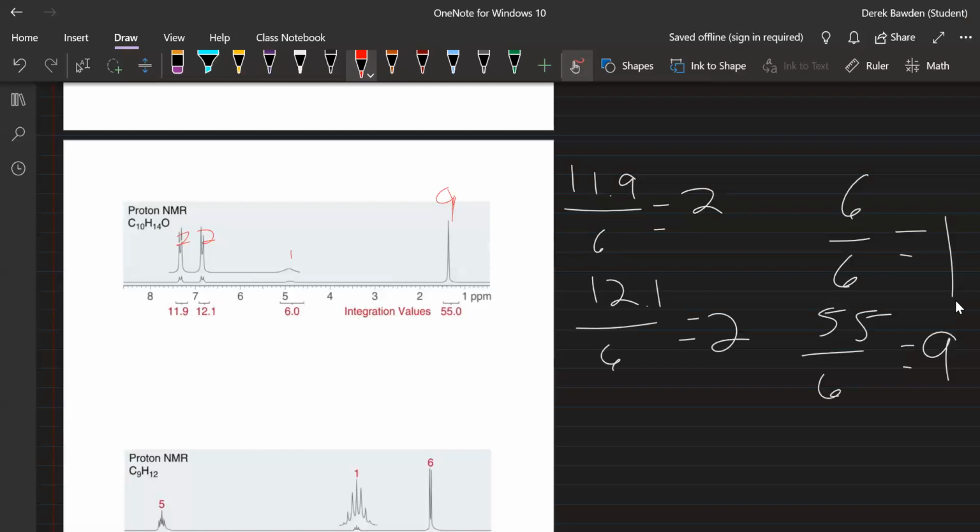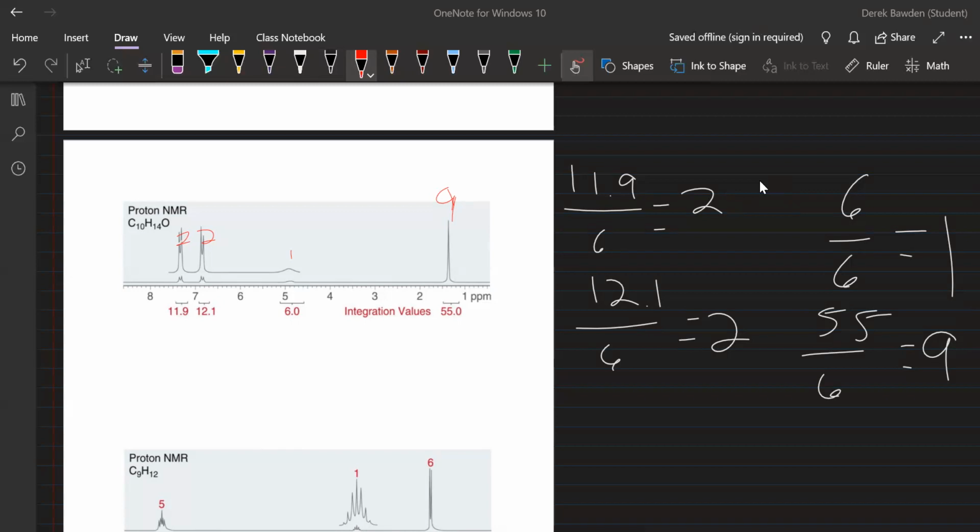Okay. What did I say about 9 hydrogen singlets? Can you remember? Tert-butyl, perfect. 9 hydrogen singlets are tert-butyls. How about peaks between 6.5 and 8? Benzene ring, right?